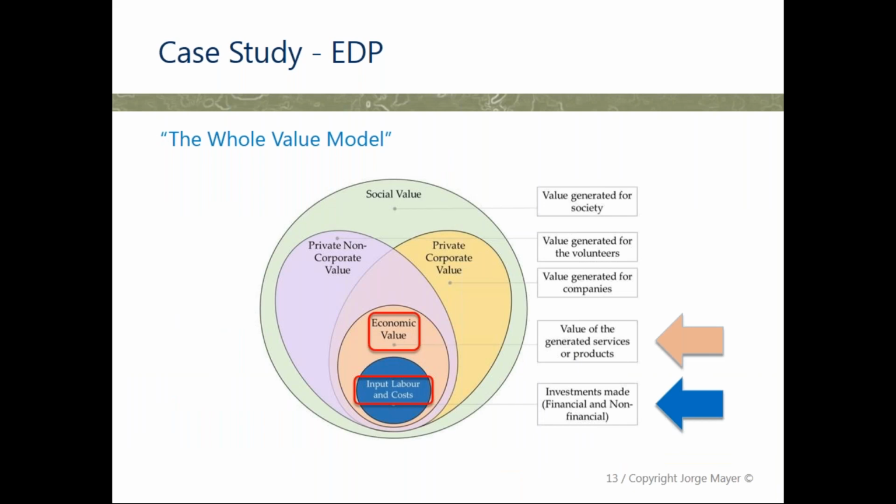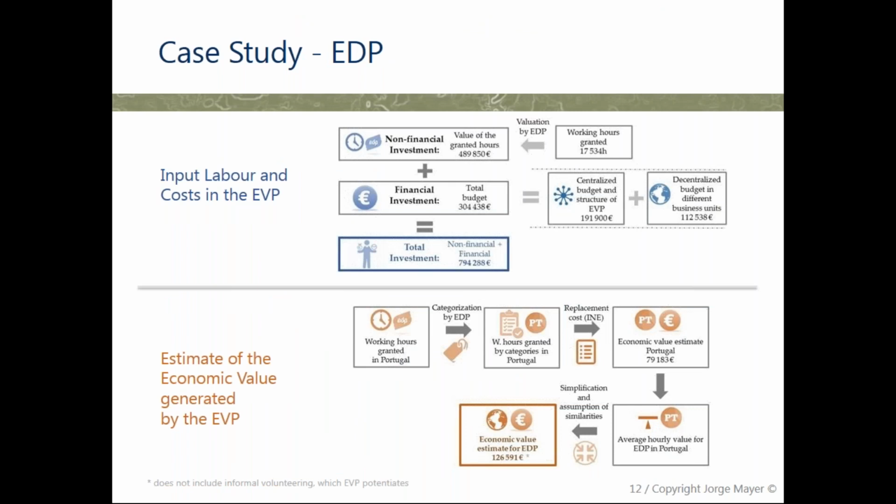So now, going deeper into these layers of value. First, in this first part, we'll see the input labor costs and economic value from the EDP case. The input labor costs in the program come from the working hours granted. All the numbers are for 2015, which was when I did the thesis. In 2015, we had a little bit more than 17,000 hours granted.